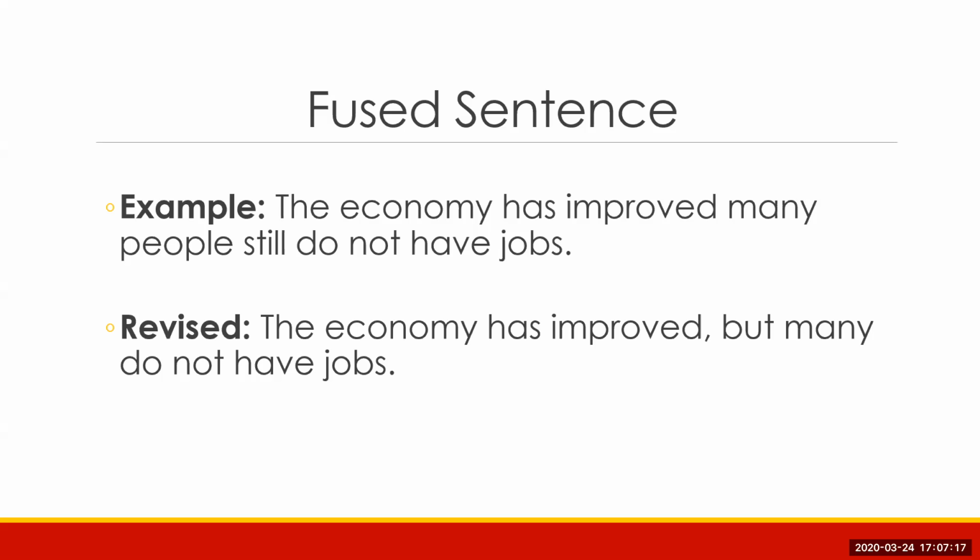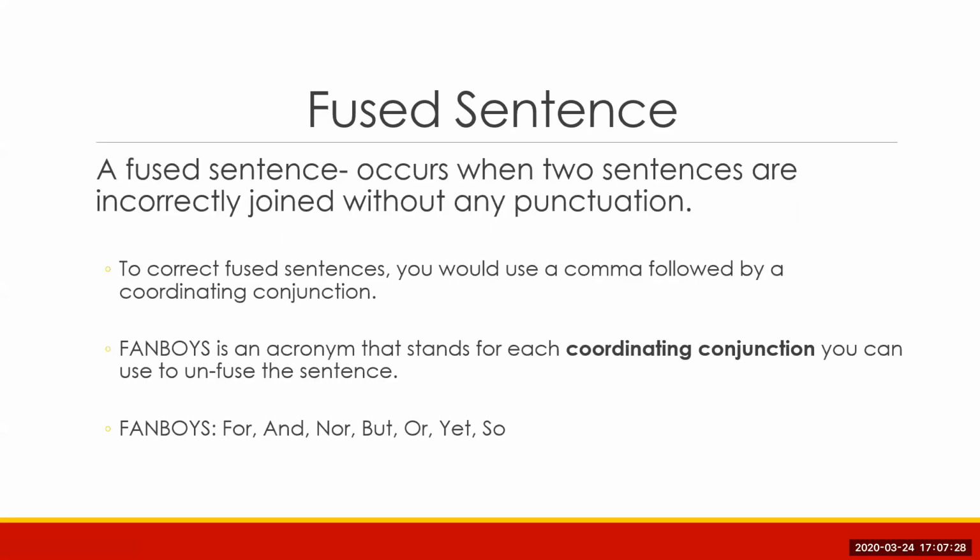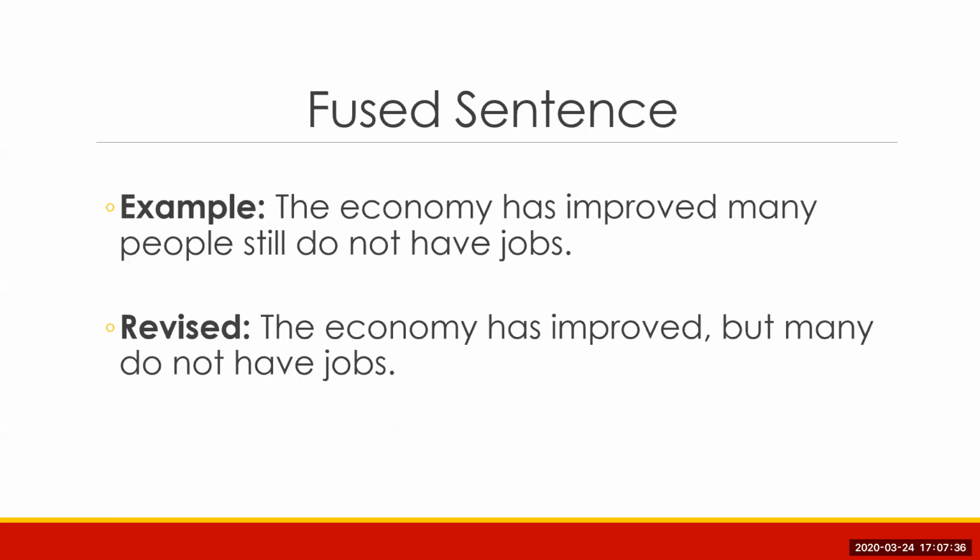Another important thing to note as well is I used the coordinating conjunction but instead of the other ones that I could have used. So like I said, there's six: for, and, nor, but, or, yet. I could have used yet just because this sentence requires that you see the irony, right? The economy's improving, but many people still don't have jobs.